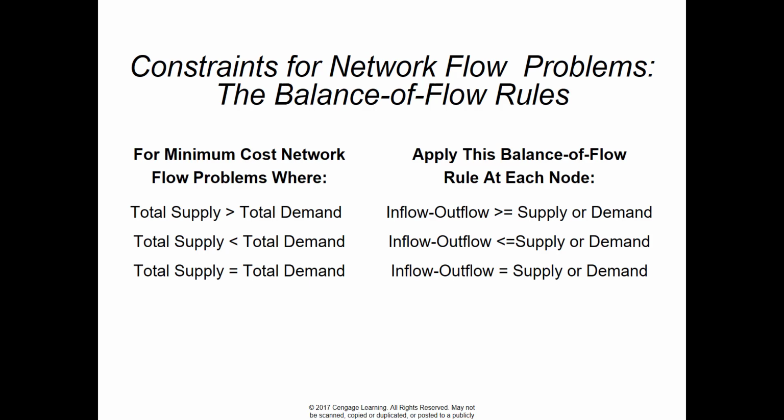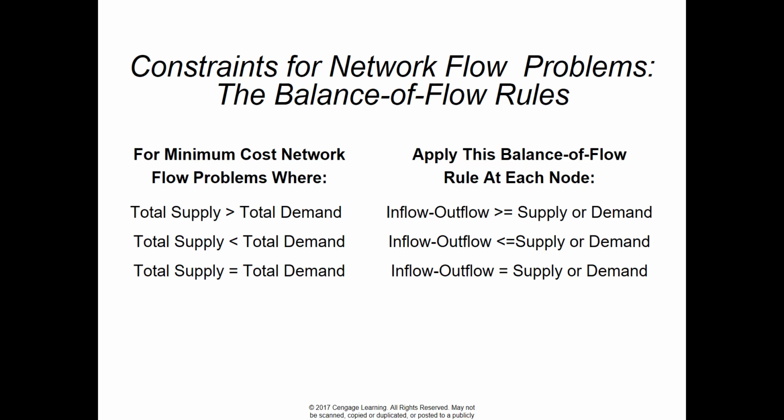If total supply is more than total demand, we write this problem as inflow minus outflow greater than or equal to the supply or demand of each node. Inflow and outflow I am going to explain in a moment. If the total demand is greater than total supply, we have to write inflow minus outflow with the opposite sign.